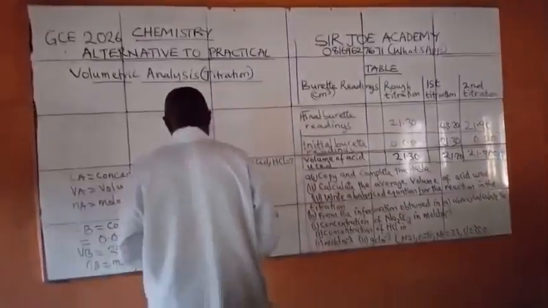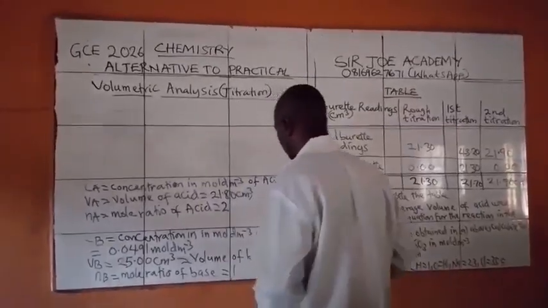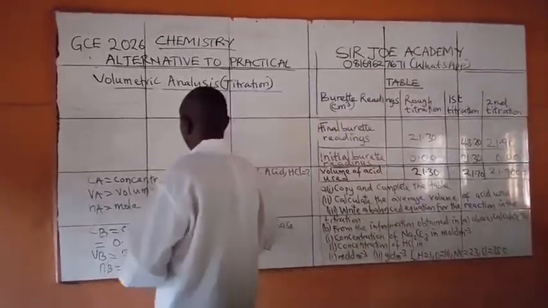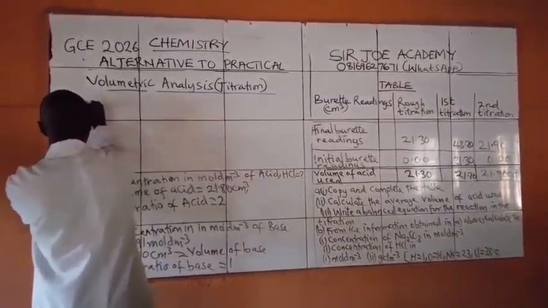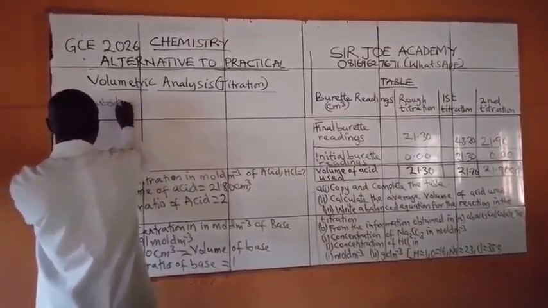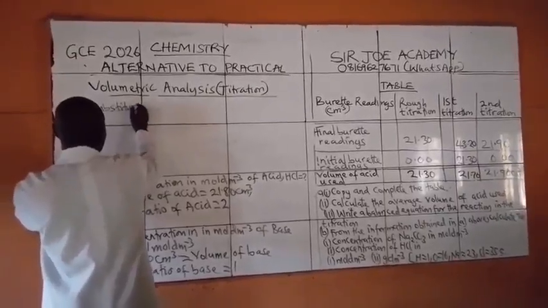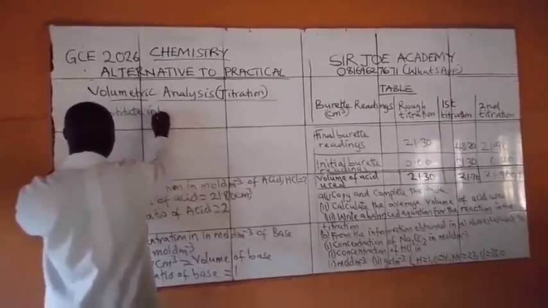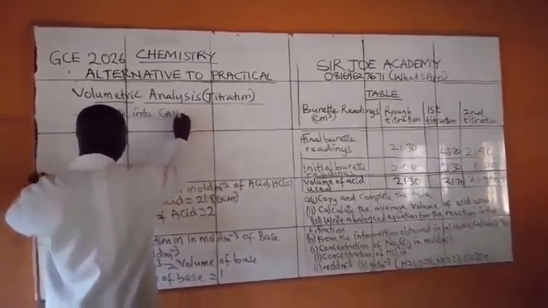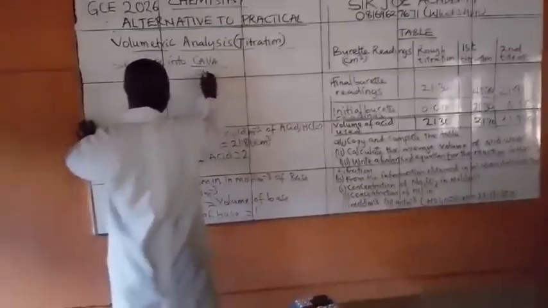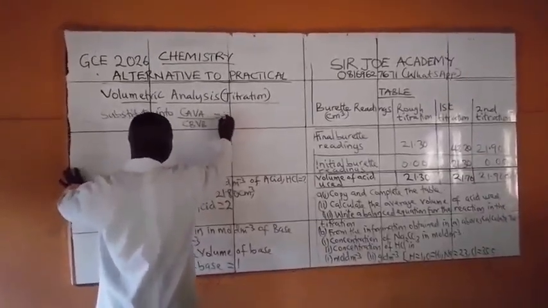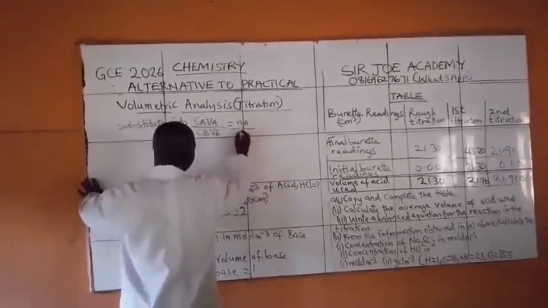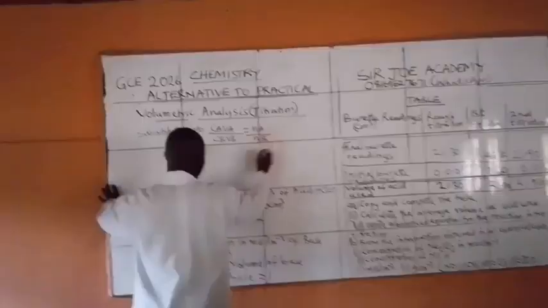Okay. So with these values, we now substitute into CAVA divided by CBVB equals to NA all over NB.